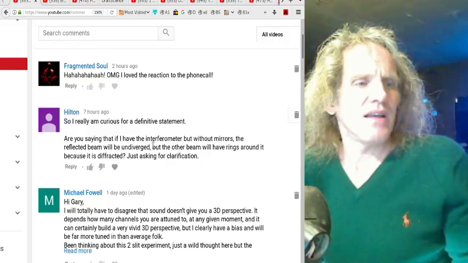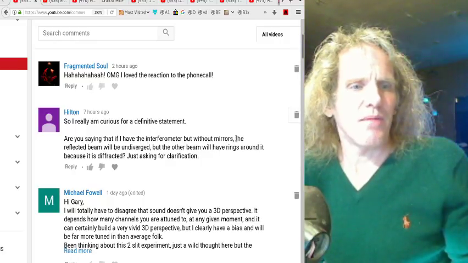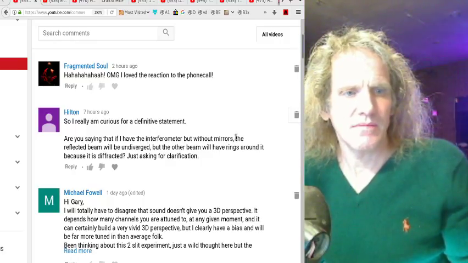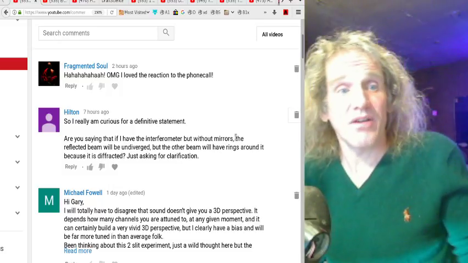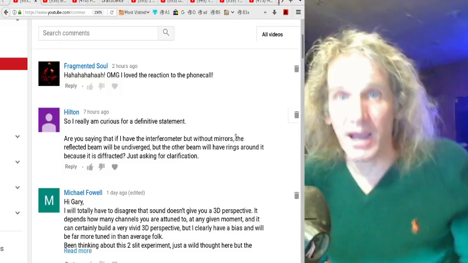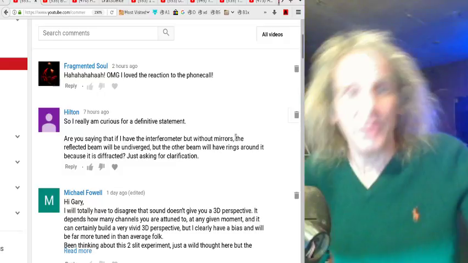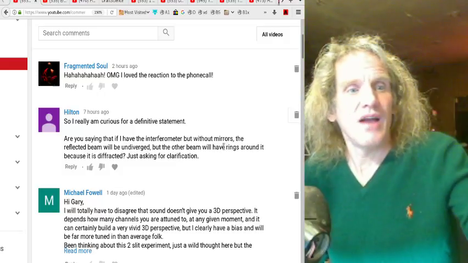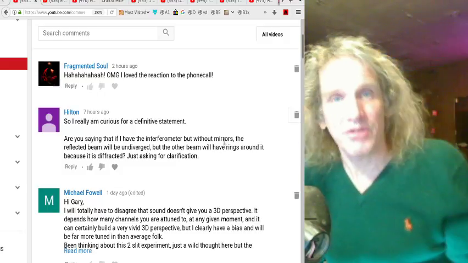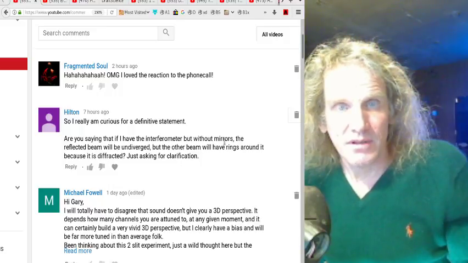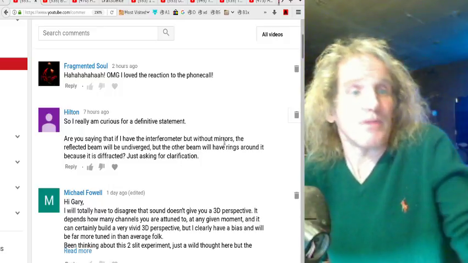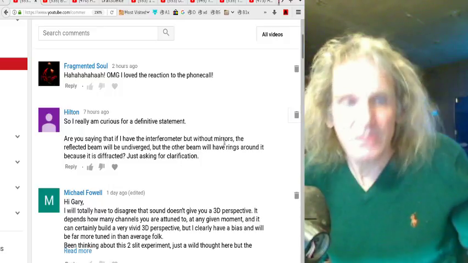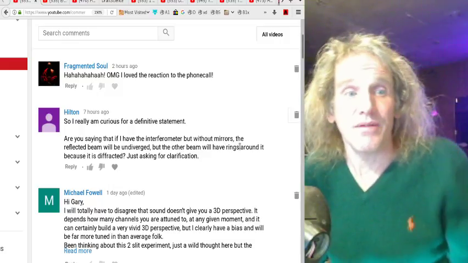Are you saying that if I have an interferometer but without mirrors, again, the mirrors aren't going to fix the diffraction of the light, the divergence. I don't know why I would have one without mirrors. It's kind of hard to make an interferometer without mirrors. I mean, call it an interferometer.